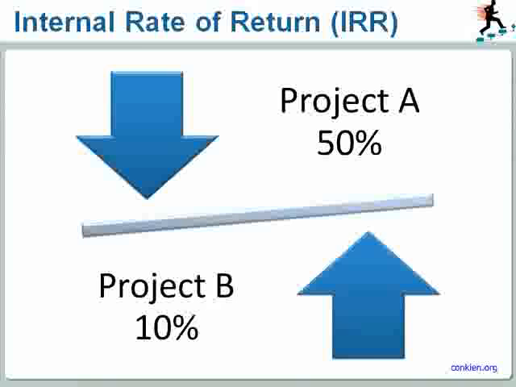And of course, the other factors of these two projects are identical. Which one of the two would you choose? In this case, of course, once again, you would choose Project A because it has a much higher internal rate of return. And this is the simple rule to remember. The bigger number is the better number when we talk about the internal rate of return.